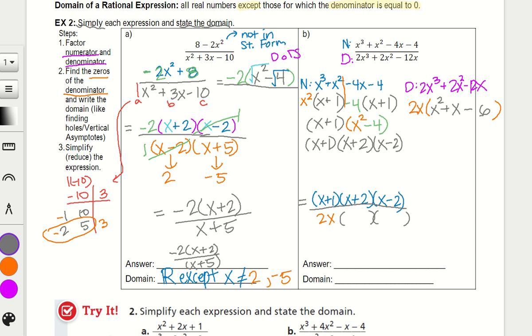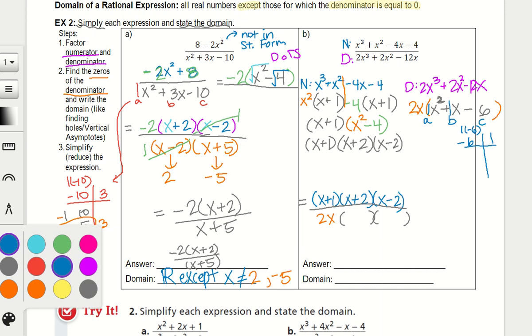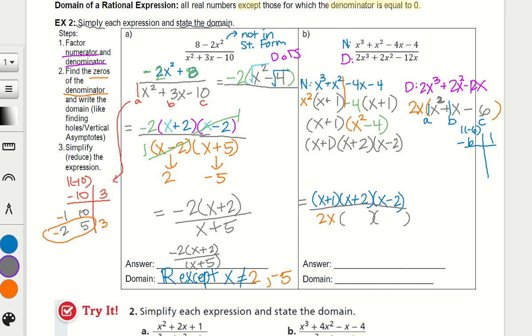I know there's 2 because this is x squared, right? That tells me there's 2 factors. So remember that because I have a 1 here and a 1 here, my A is 1, my B is 1, and my C is negative 6. So when we do our product sum, we're looking for 2 numbers that multiply to 1 times negative 6 and add to 1. So what multiplies to negative 6 and adds to 1? My factors of 6 are 1 and 6, or 2 and 3.